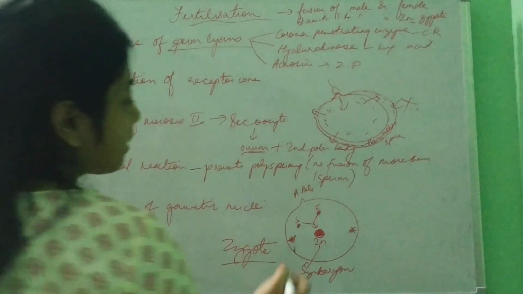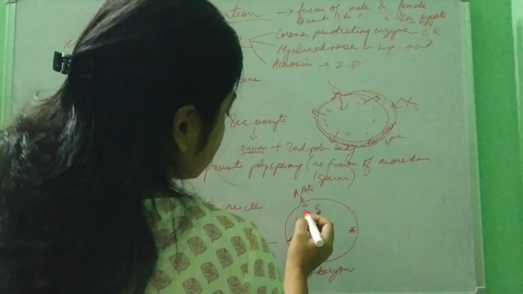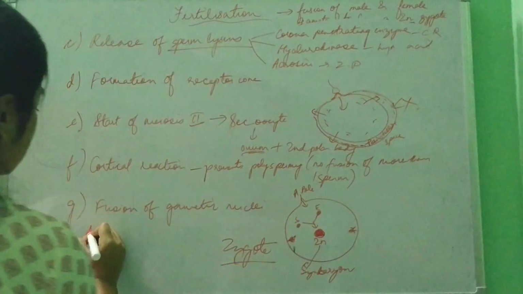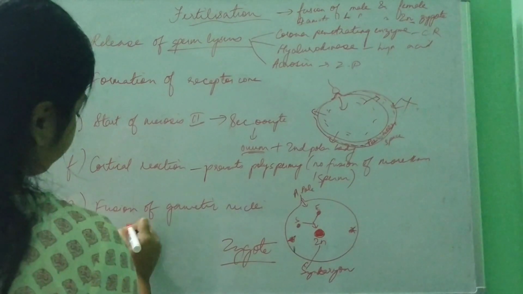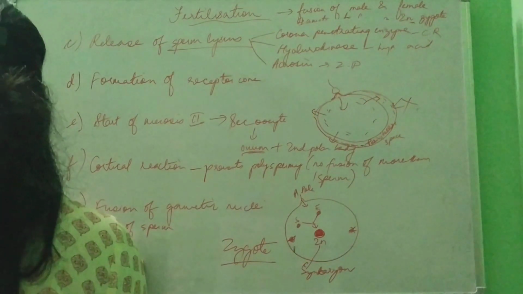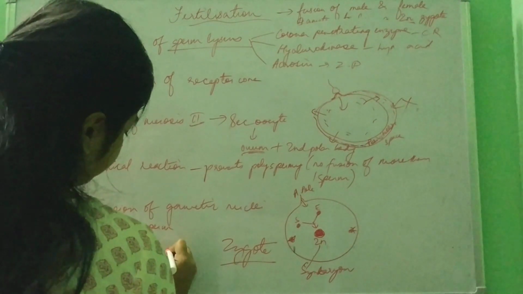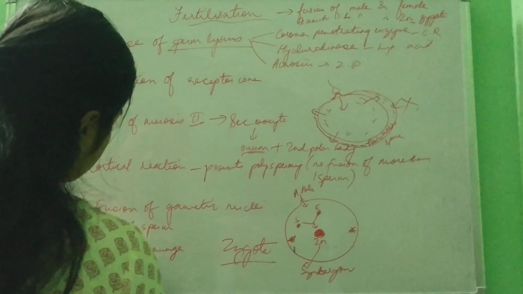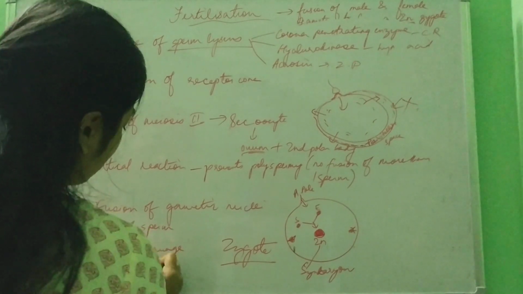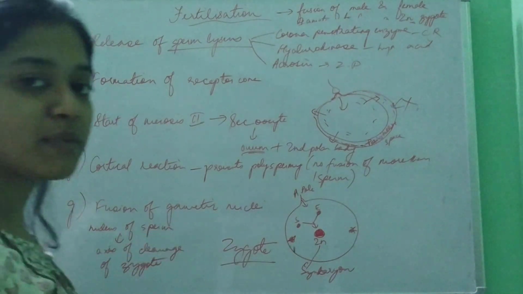One more thing: the path followed by the nucleus of the sperm as it enters will decide the axis of cleavage of the zygote. In order to form the embryo, this zygote will again divide into various stages, which we'll see in the next part.